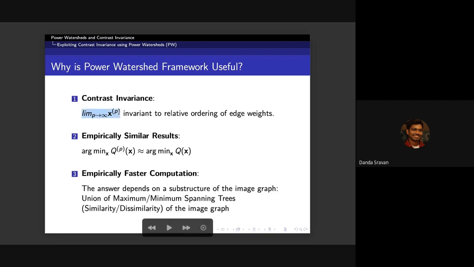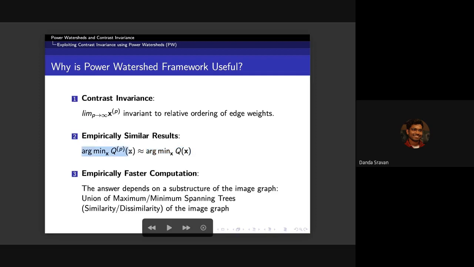One thing you might ask is that not all solutions which are contrast invariant are useful, because I can always give a simple constant solution, which is not useful at all. But the second property tells us the limit of minimizers is quite close to minimizing the original cost function in most cases.